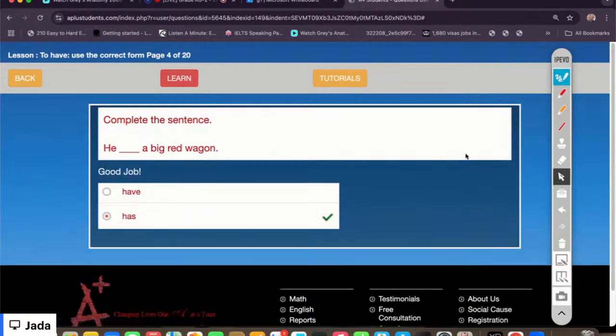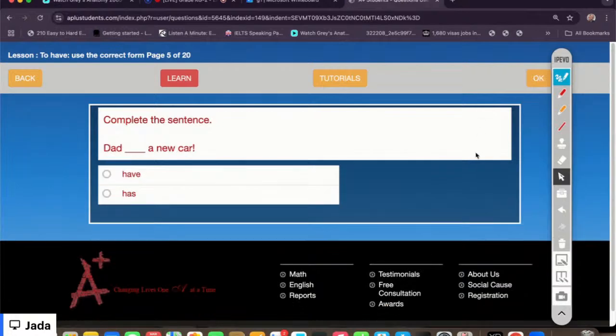He has. Okay, so we have dad dash a new car. So dad has or dad have a new car?